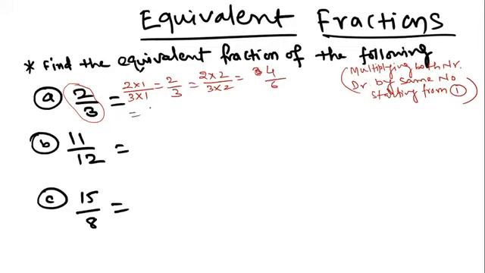If you want to find out the third one, it is 2 multiplied by 3, 3 multiplied by 3, is equal to 6 by 9. The fourth one is 2 multiplied by 4, and 3 multiplied by 4, is equal to 8 by 12. So like this, you will continue up to n number of terms, and you will find the n equivalent fractions of the following fraction.